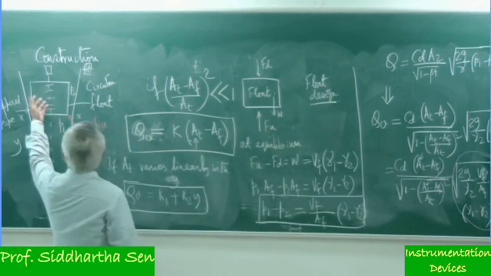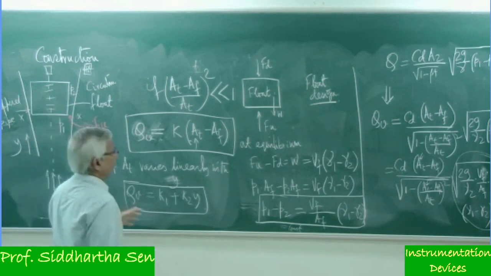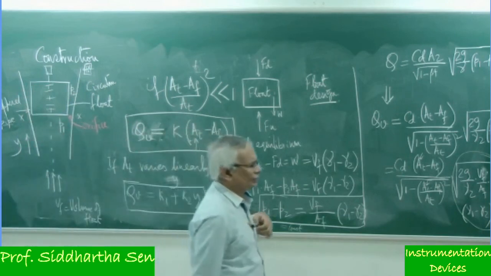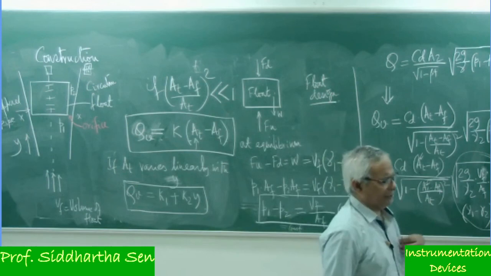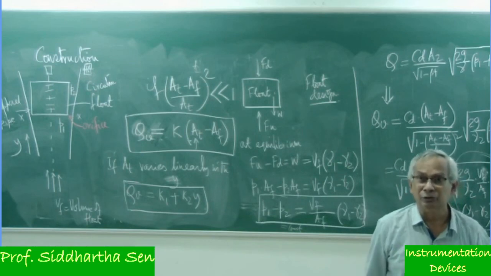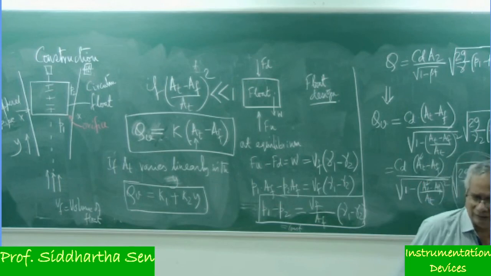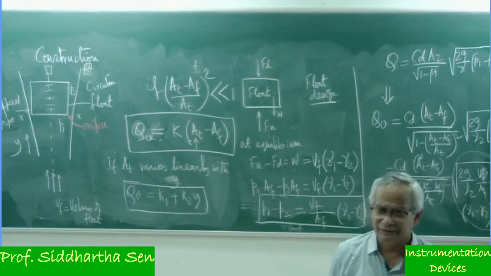What should be its density, and how should it look? Because I told you that it should be insensitive to variation of the density of the fluid, as well as, as we have seen, insensitive to the viscous effect. That we'll discuss in the next class.